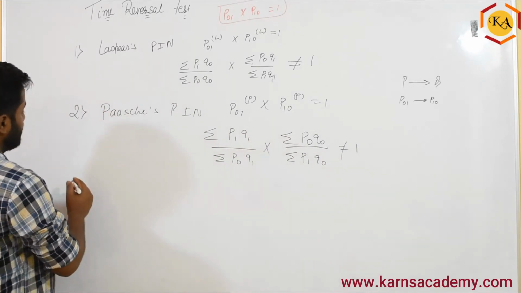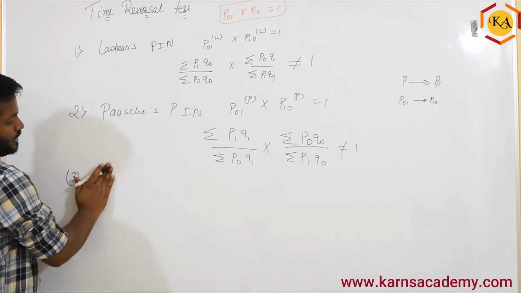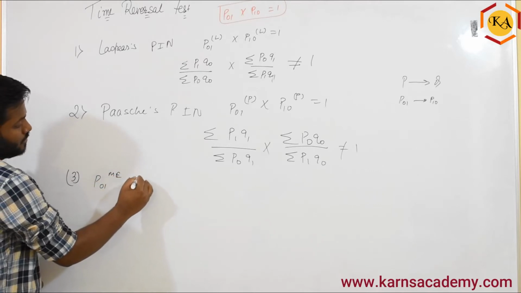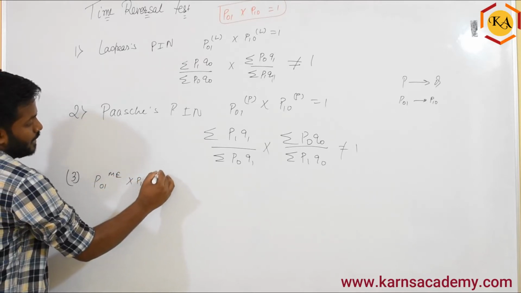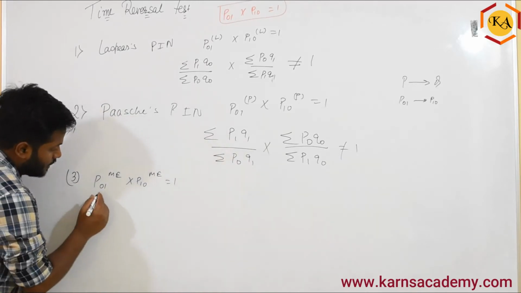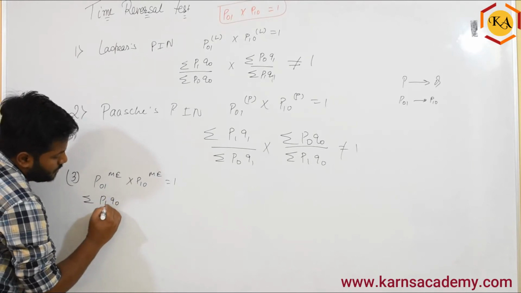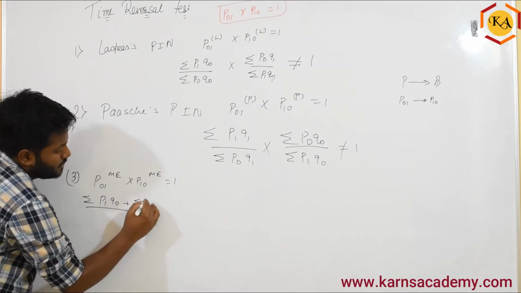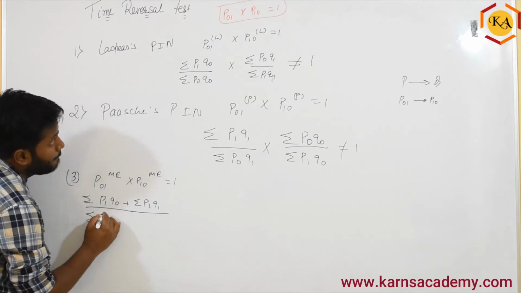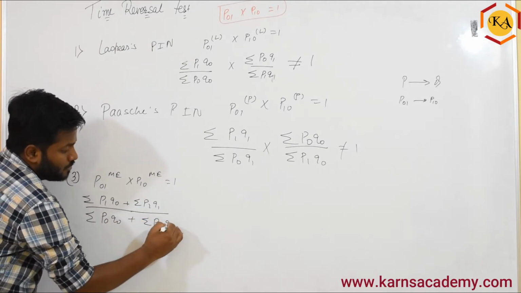Similarly, let's see the third one, that is Marshall-Edgeworth. Let me just write here directly. P01 ME into P10 ME should be equal to 1. Right? So let's see whether this is satisfying or not. What is P01 ME? That is summation P1Q0 plus summation P1Q1 by summation P0Q0 plus summation P0Q1. Correct?